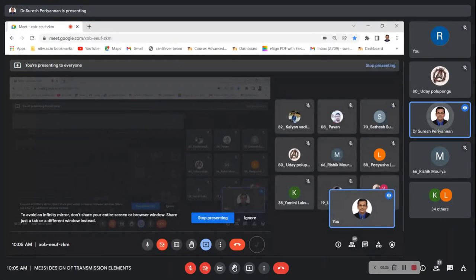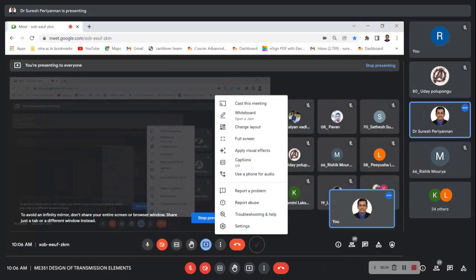But today that saving option is not coming. I only posted the meeting, right? Kalyan, catch this meeting. Why? Where is the saving option?